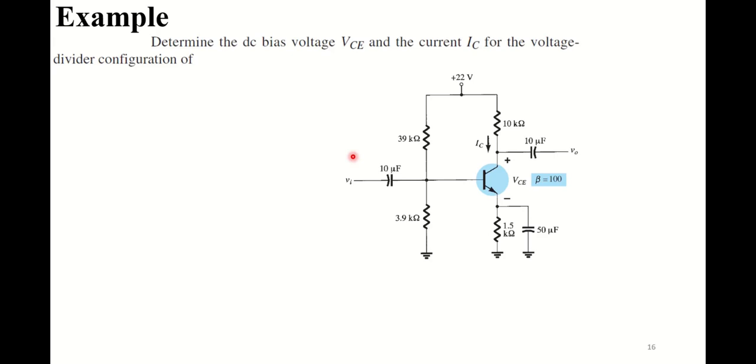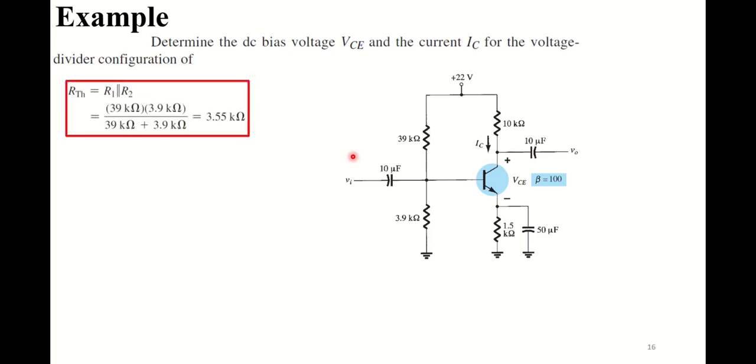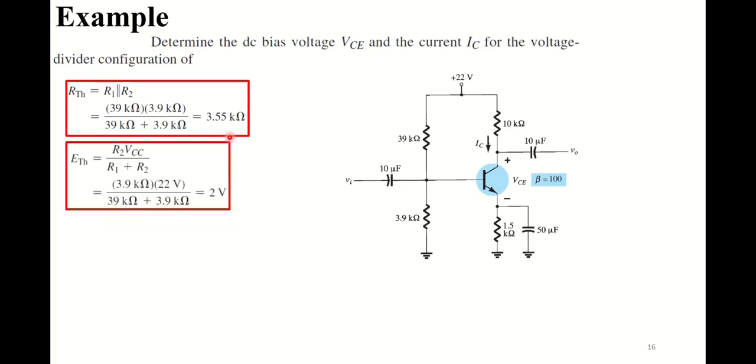As a first step, to find the value of VCE and IC for a voltage divider configuration, find R Thevenin by applying this formula. The value of R Thevenin comes out to be equal to 3.55 kilo ohms for the given set of parameters. After finding the Thevenin resistance, now we need to find the Thevenin voltage, that is E Thevenin, by applying the formula E Thevenin is equal to R2 VCC over R1 plus R2.